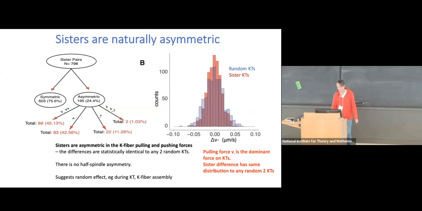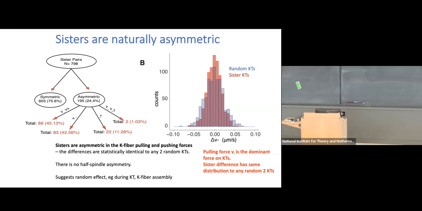So you fit those models, and lo and behold, we found 25% were not symmetric. If you look at the profile, practically all of them have the pulling force of the K fiber different between the two sisters.